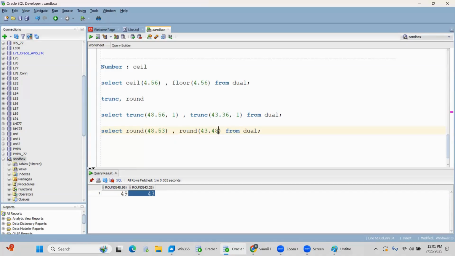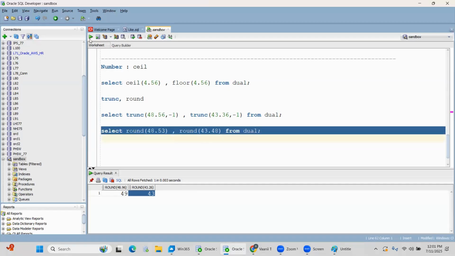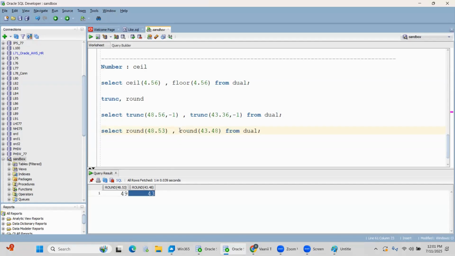The first will be 49 and the second will be 43. Okay, anyone else? Same, sir, 49 and 43. Okay, let's run it and see. So 49 and 43. Let's write one more, and that is going to be much more confusing and controversial.